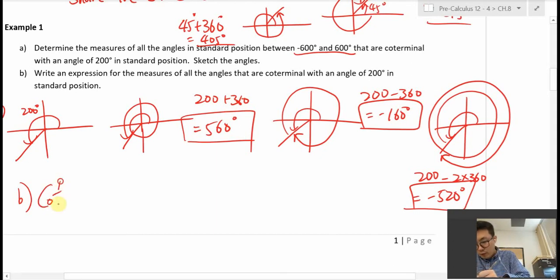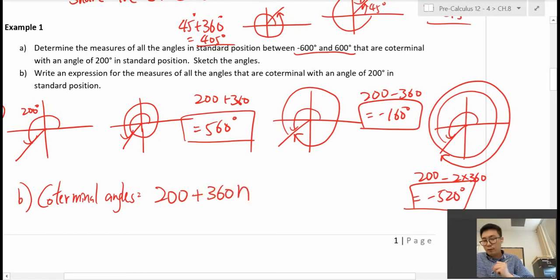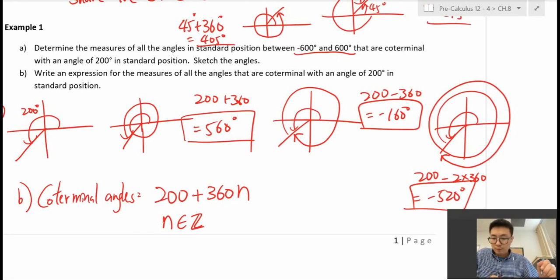Coterminal angles is simply going to be 200, so that's where we start, plus 360 times n, where n is an element of the integers. So those would be coterminal angles to 200 degrees. That means 200 plus 360 times 1, 2, negative 1, negative 2, and so on.